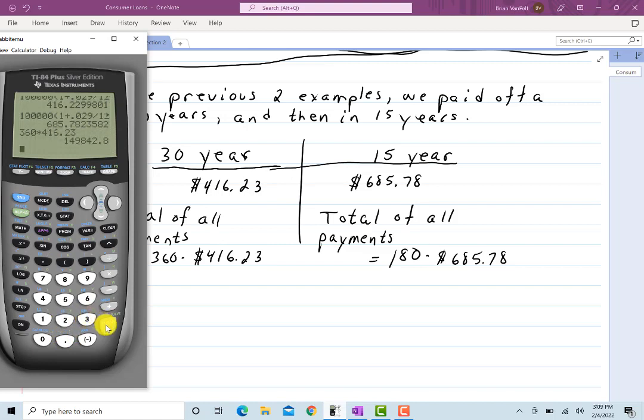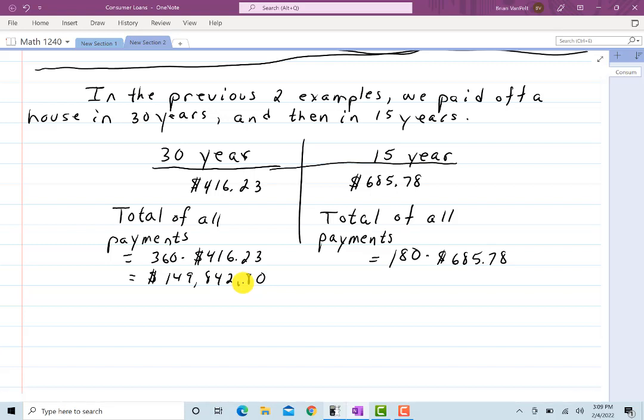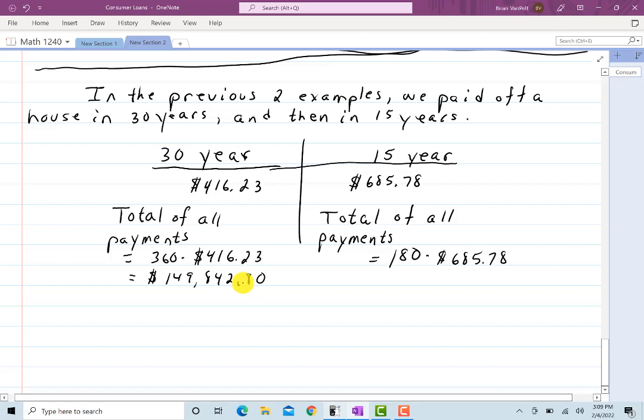And I get 149,842.8, which means it's really 0.80. So on a $100,000 home, for 30 years, you ended up paying close to $50,000 in interest. Anything over $100,000 you've paid in interest. And there's probably fees and things like that that would make that even worse.